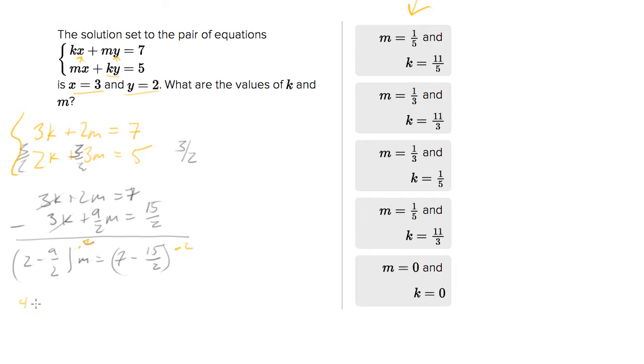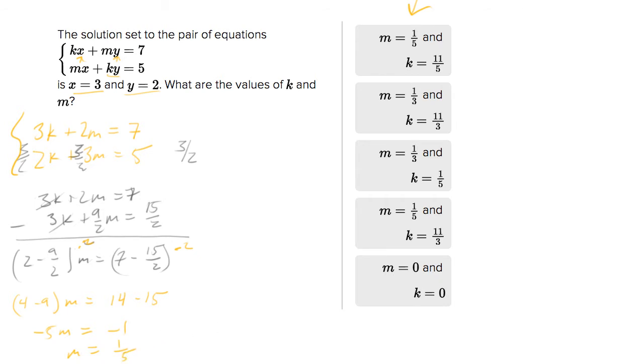So we're going to end up with 4 minus 9 m equals 14 minus 15. So you end up with negative 5 m equals negative 1, or m equals 1/5.